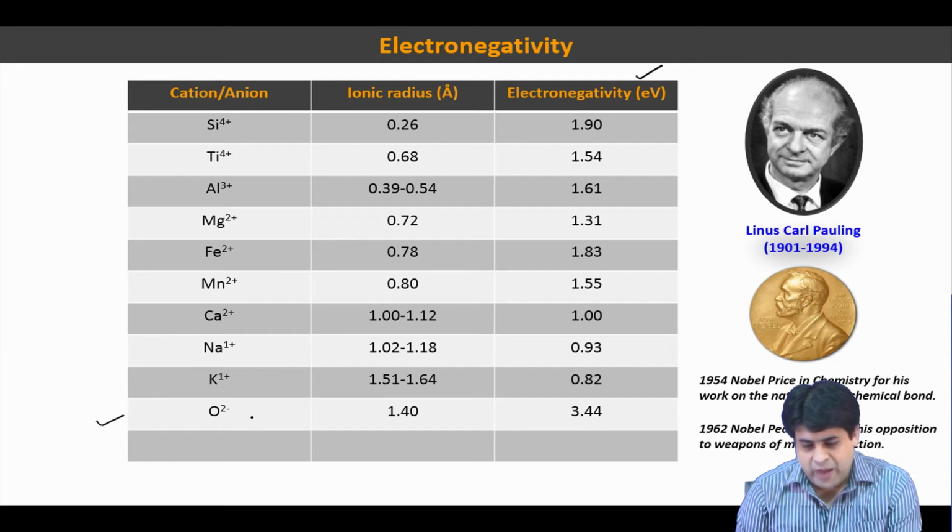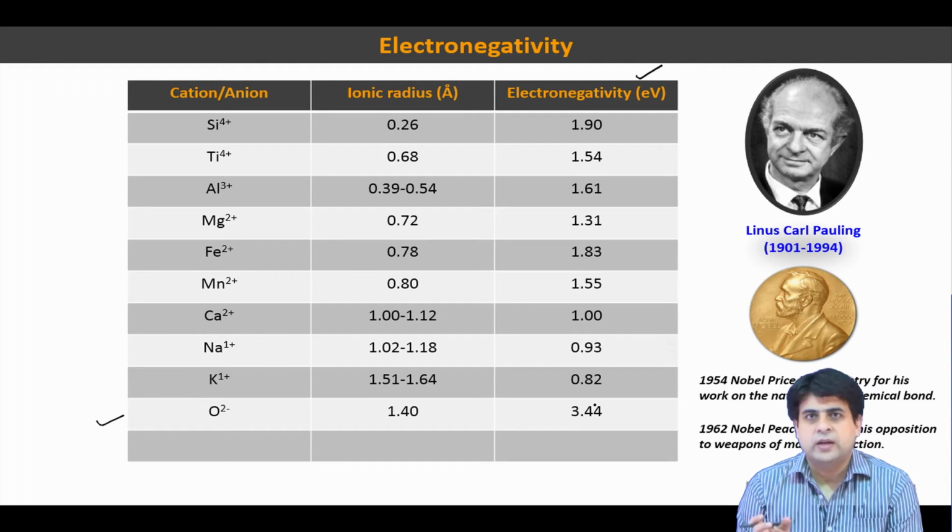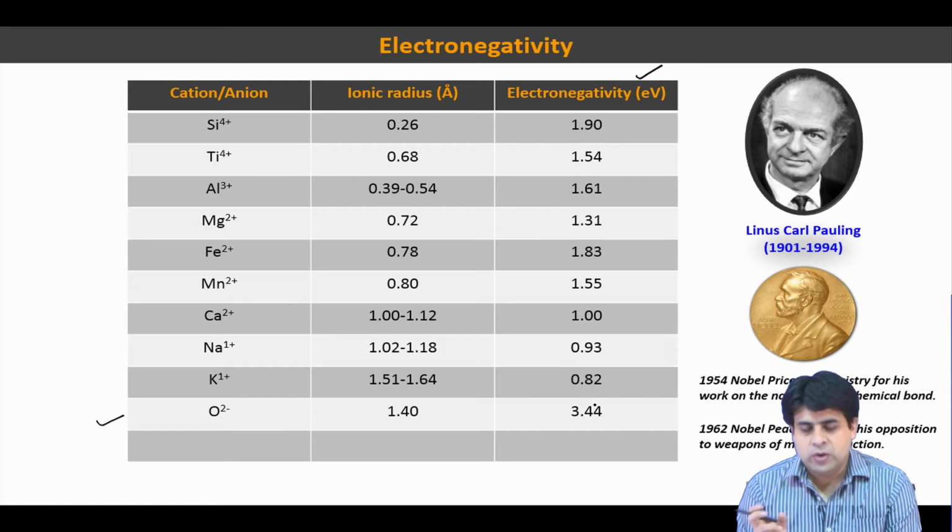Suppose any mineral is forming, and in that mineral you have this cation and anion. If you take the difference of the electronegativity of these two ions, you can understand the electronegativity difference in that particular compound.